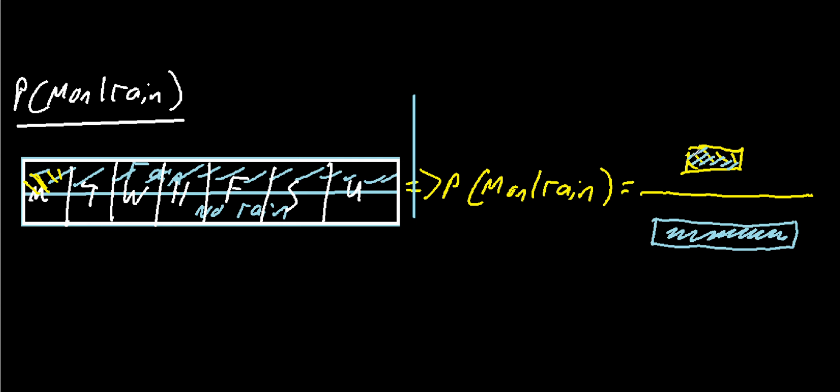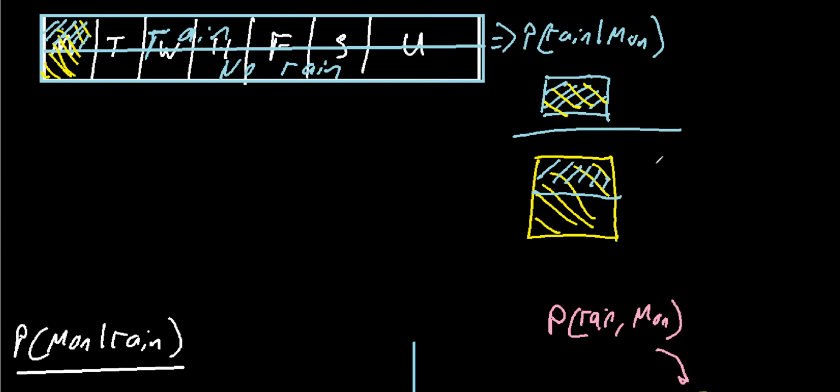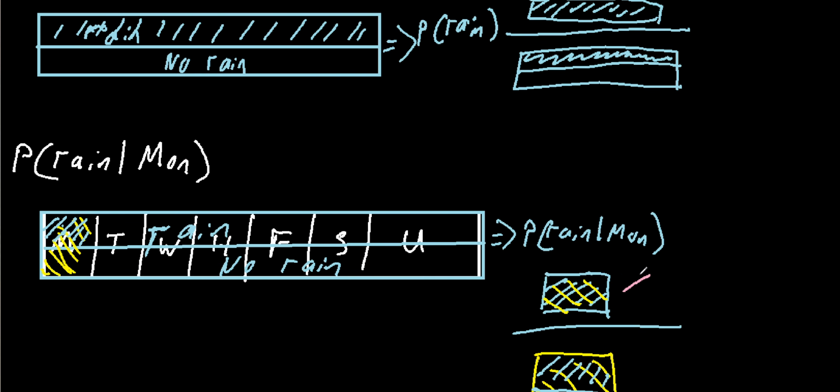In both cases, the numerator is the joint probability of rain and Monday, which can equally be called Monday and rain.